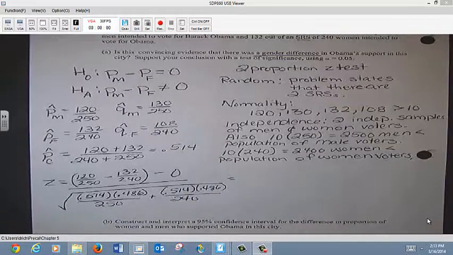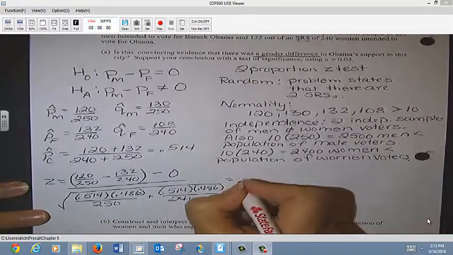Okay, this standard deviation, z-score, I come out with as negative 1.55, this test statistic.